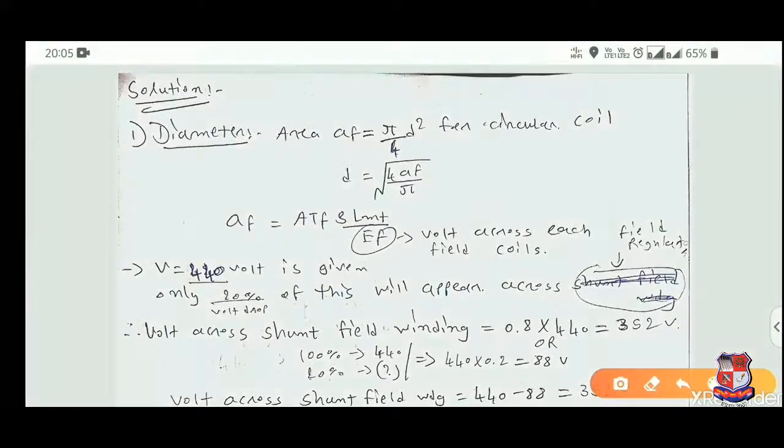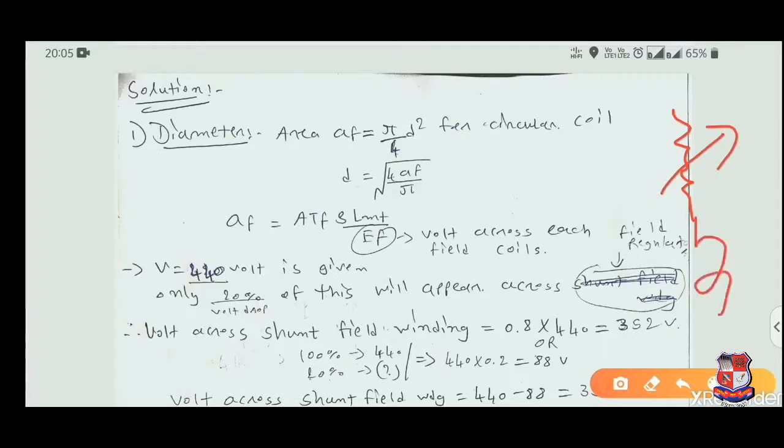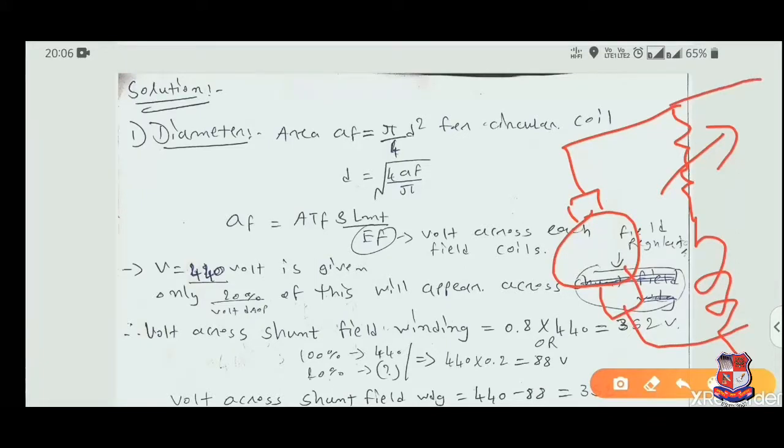Suppose there is a series field coil like this, and again your circuit will be like this. Okay, so this will be your voltage.